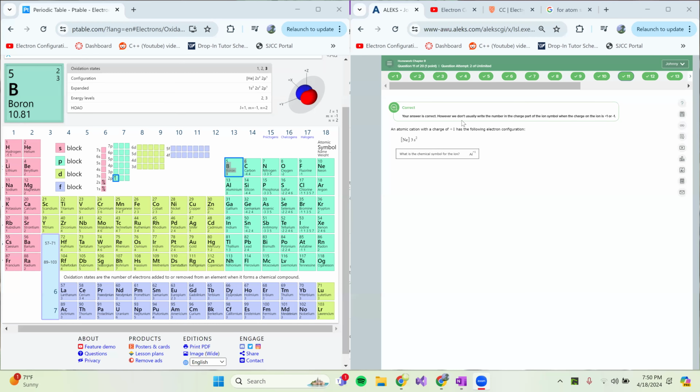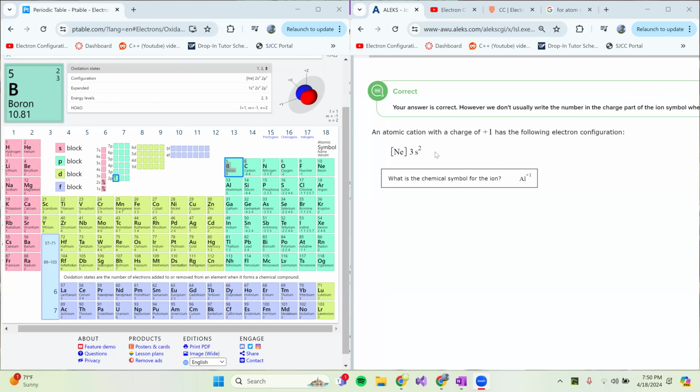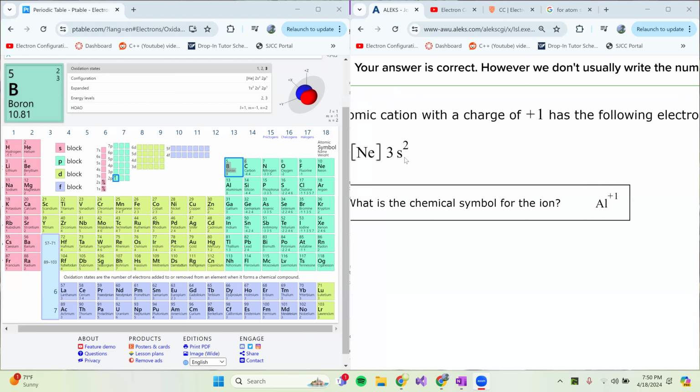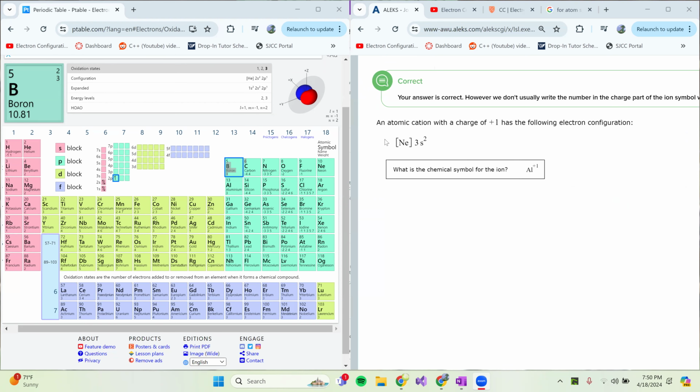When you're writing the electron configuration and it has +1, you basically just add an electron. Oh, sorry, you remove an electron. So they give you this electron configuration. You know that your noble gas core is neon, and then you have a total of 2 electrons.